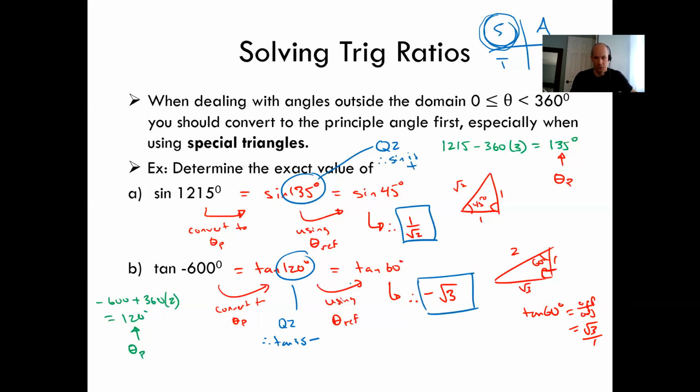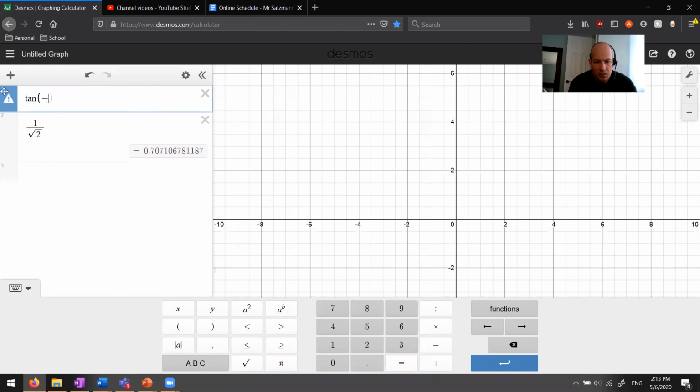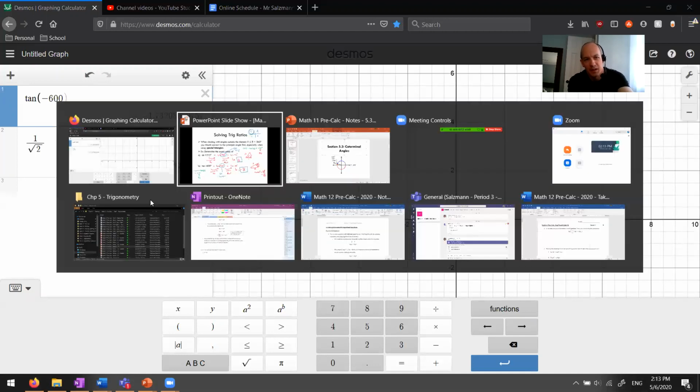Okay, so there you go. Tan of negative 600 would be equal to negative root 3. And a real quick check, we could even type this in, tan of negative 600, and we get negative 1.73, and that's precisely what the square root of 3 is.